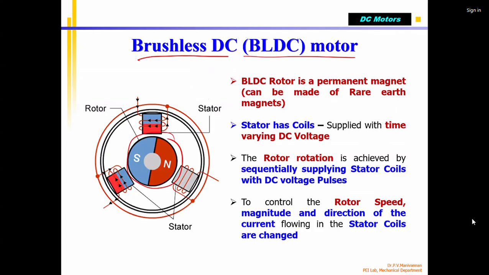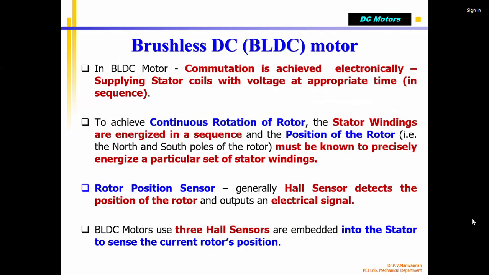Here you should supply time-varying voltages to 3 different stator coils, one after another, in a particular sequence. So there is some complication, but this has advantages. Even though we have to generate the voltage, it is still much better than a brushed DC motor, correct?